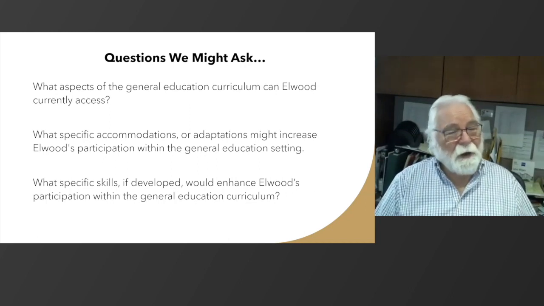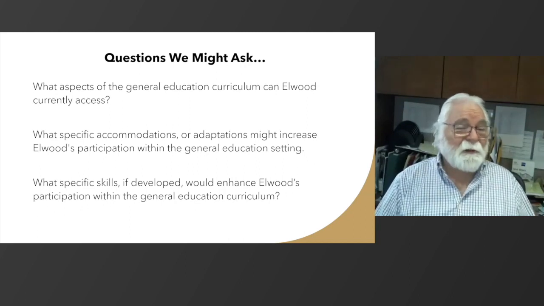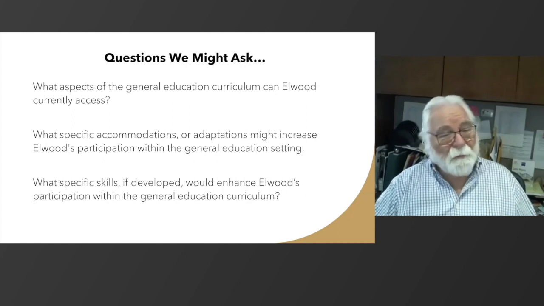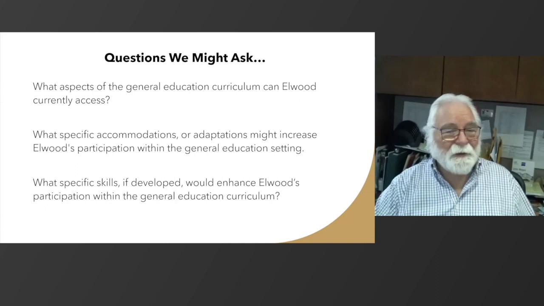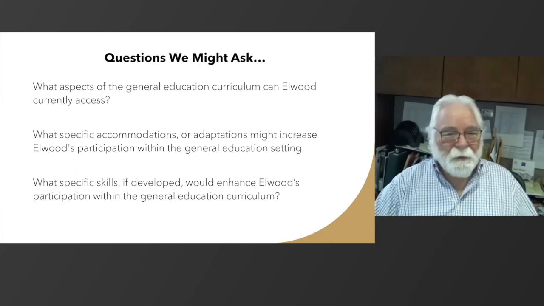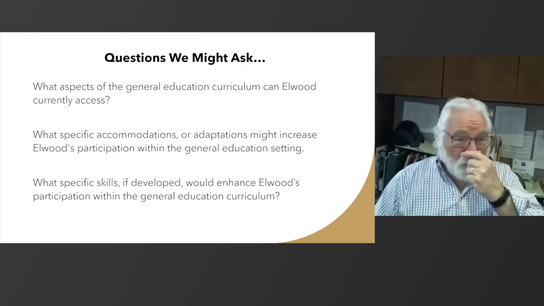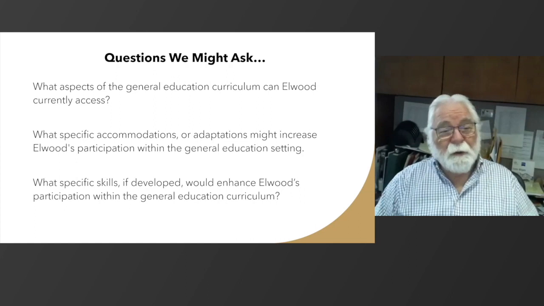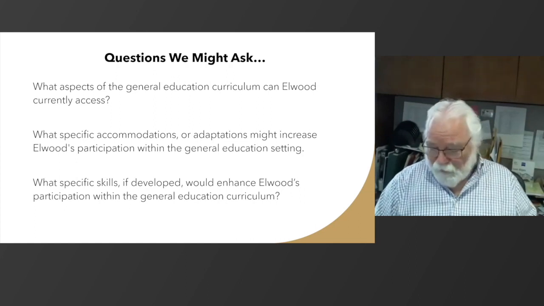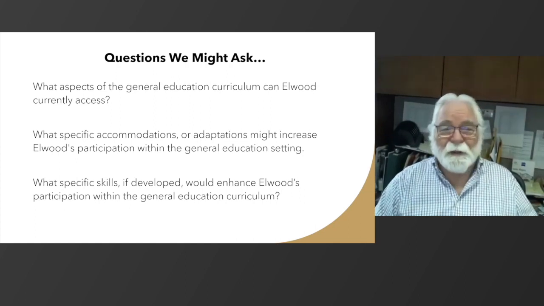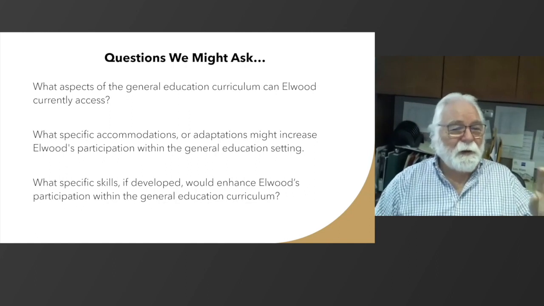Somehow we have to work on a different way for Elwood to communicate his dissatisfaction with us, because there's going to come a time when perhaps people are going to say, hey, this high rate of screaming in the classroom is getting in the way of this participation within the general ed curriculum. So I have a story later about a young gal with this incredible mobility device that was having some challenges in a high school classroom, but relative to this whole noise type thing.